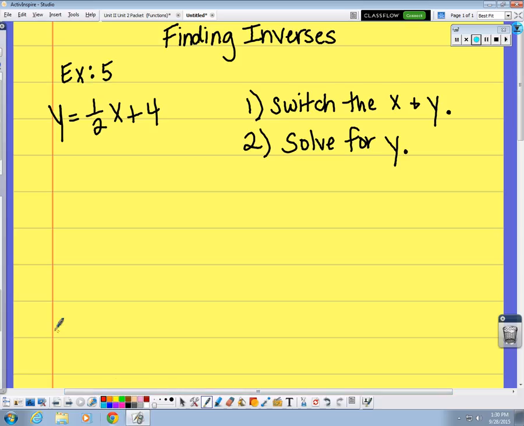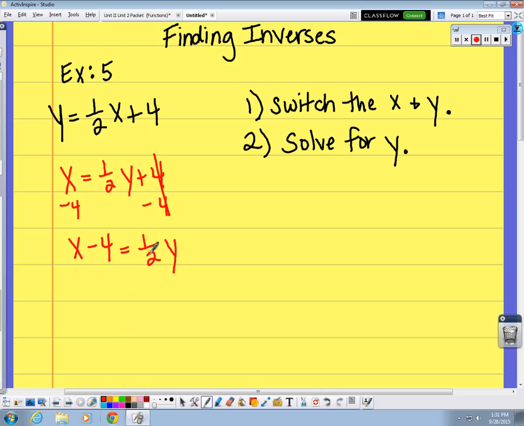Okay, so what should I do first? Okay, what will that look like? Okay, then what should I do? Okay, on both sides, so that gives me what? Right, x minus 4 equals 1 half y, because 4 minus 4 cancel to 0.